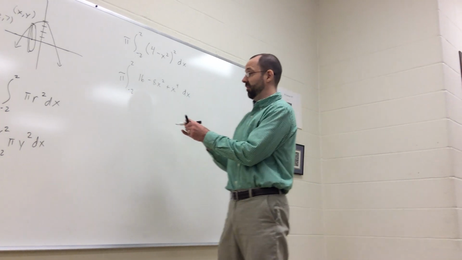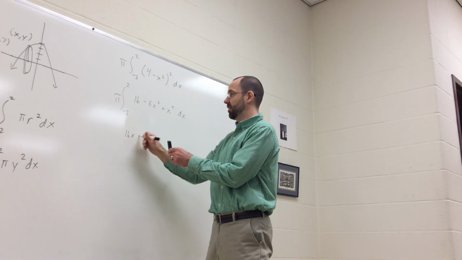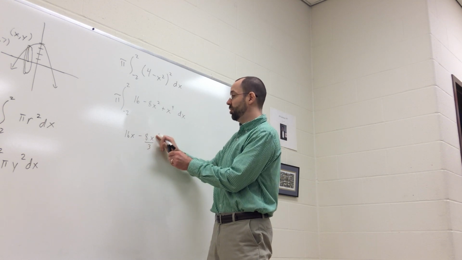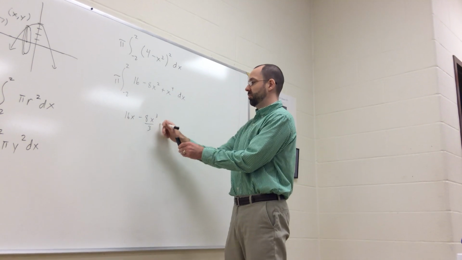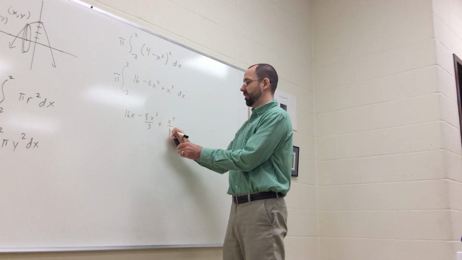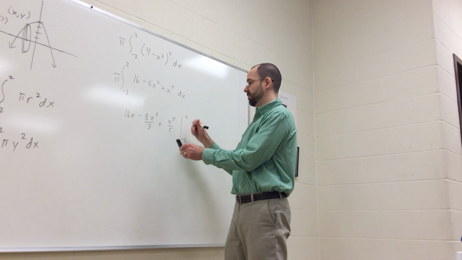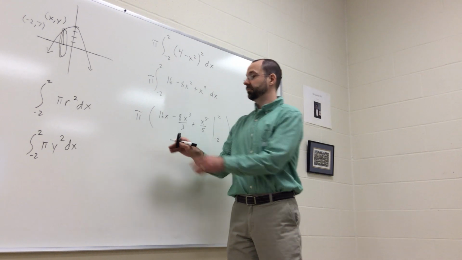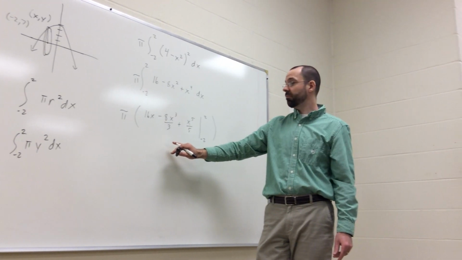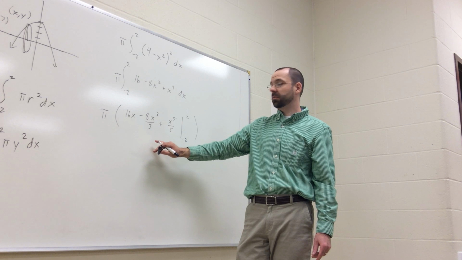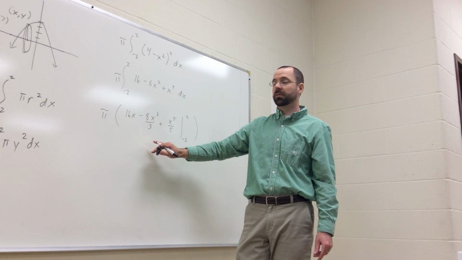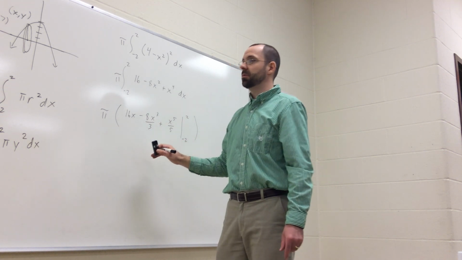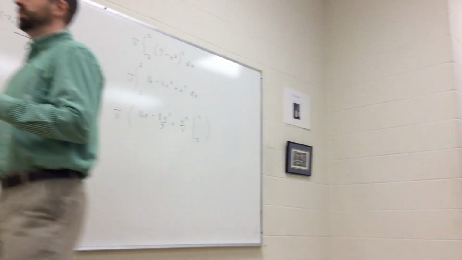Okay, so then you take the antiderivative, so that's 16x minus 8x cubed over 3, plus x to the 5th over 5, from -2 to 2. Multiply that by pi. Then plug 2 in, plug -2 in, subtract. Maybe I better do that over here.